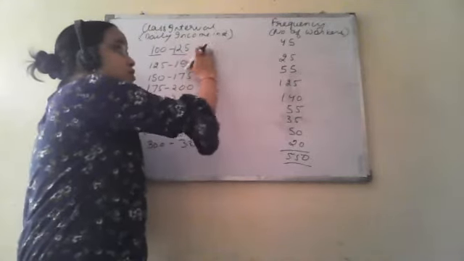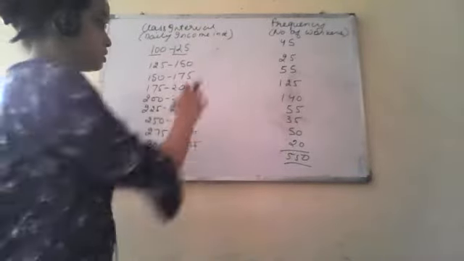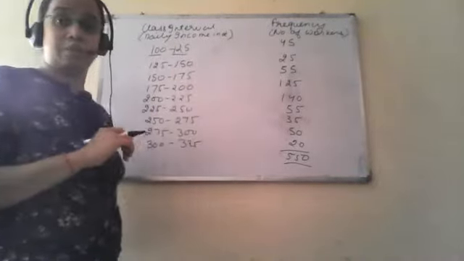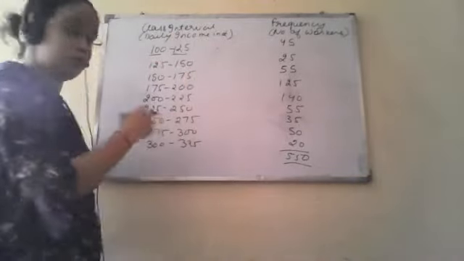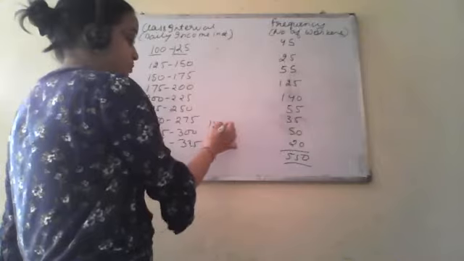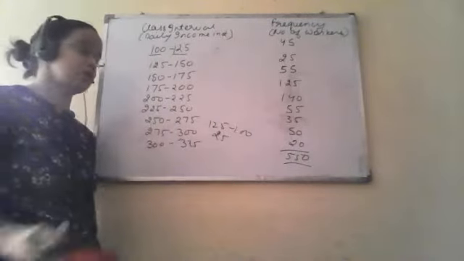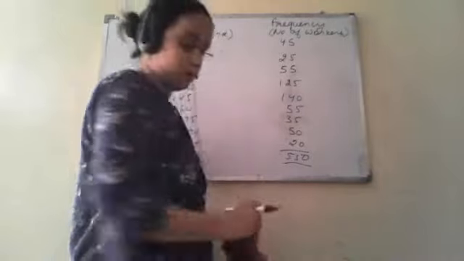So the size is upper limit minus lower limit. You can take any interval and you will find the size the same. So this is 125 minus 100, which is 25. So the size of the class interval is 25.